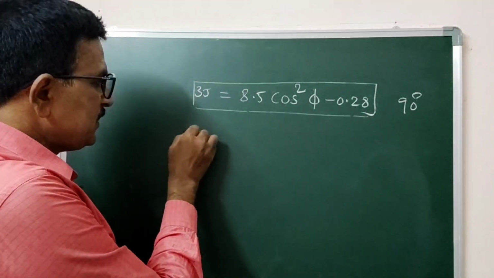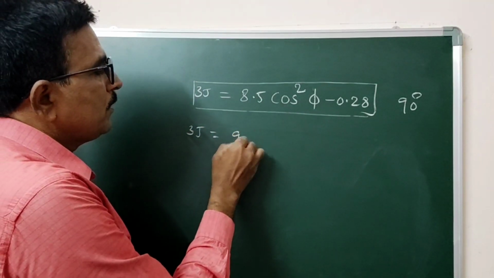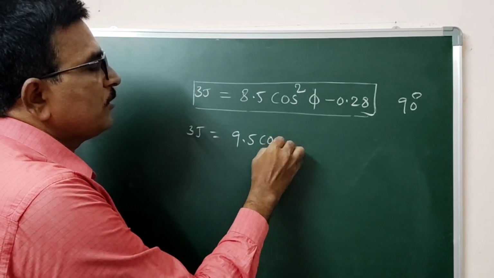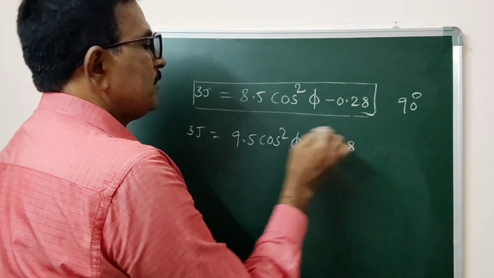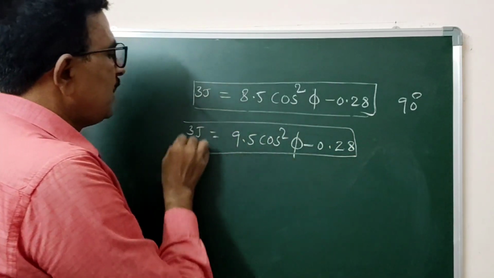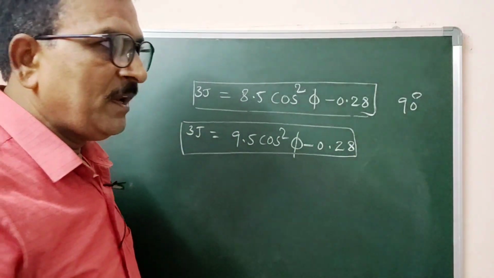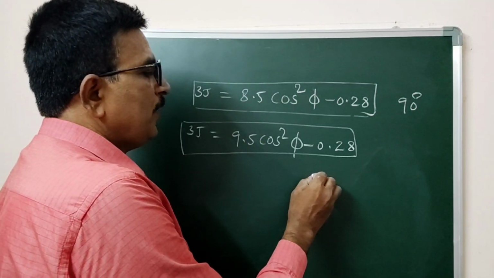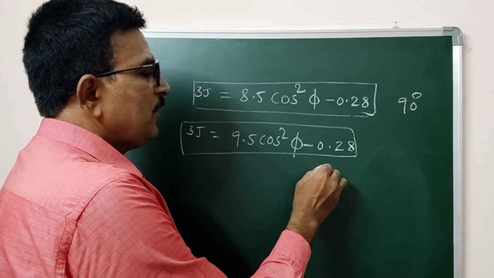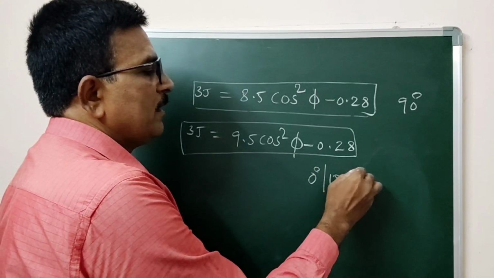Now 3J is equal to 9.5 into cos square of the dihedral angle minus 0.28. This is another equation applicable for the calculation of 3J value when the dihedral angle is between 90 and 180 degrees.